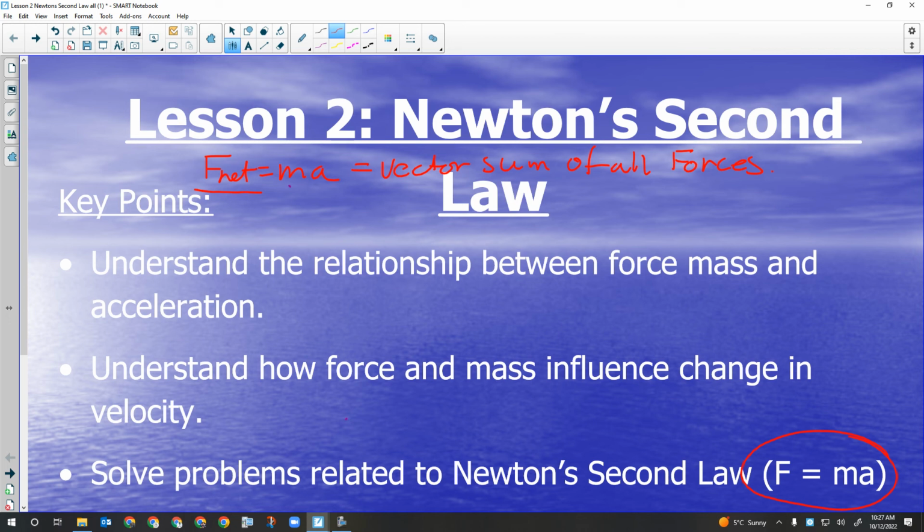If I manipulate this to this instead, it tells me that the acceleration is directly or linearly related to net force. So the greater the force, the greater the acceleration. But it also tells me that acceleration is inversely related to mass. So if I push on an empty wheelbarrow and a wheelbarrow full of bricks with the same amount of force, which one will accelerate more?